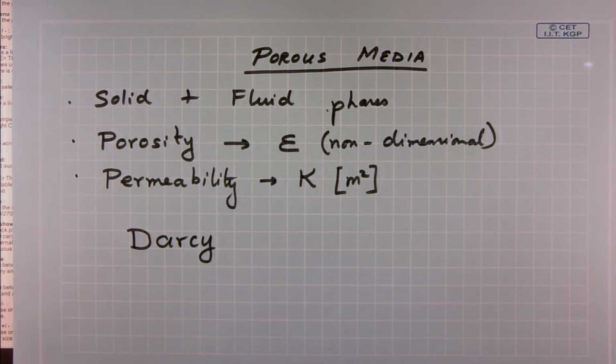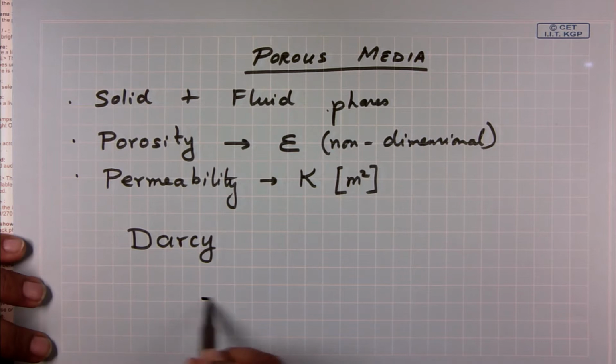that is where we also pay our tribute to Henry Darcy, probably the forefather of transport phenomena in porous medium. Darcy did a lot of work on porous media, but one of the most significant seminal works that he did was a series of experiments for flow of a liquid through a tube which is filled with sand to start with, and then he used other particles, etc., and he measured pressure drop.